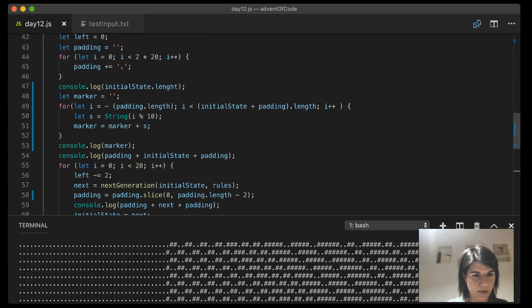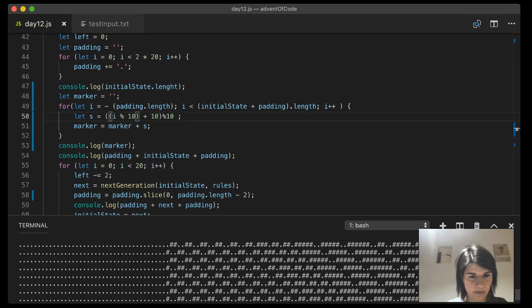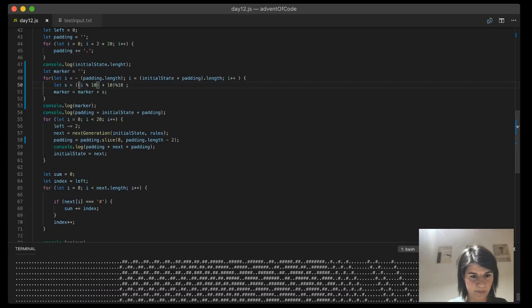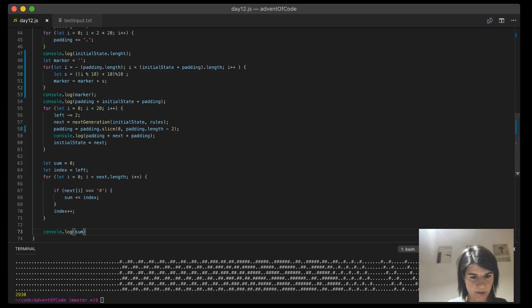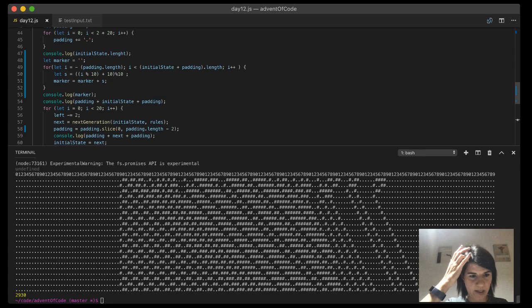I'm doing I modulo 10, and then I'm doing plus 10, and then because then it's positive, I do modulo 10 again. What does this look like? Perfect. Okay. So I'm starting printing, except now it's so tiny that I can barely read it. Good job.